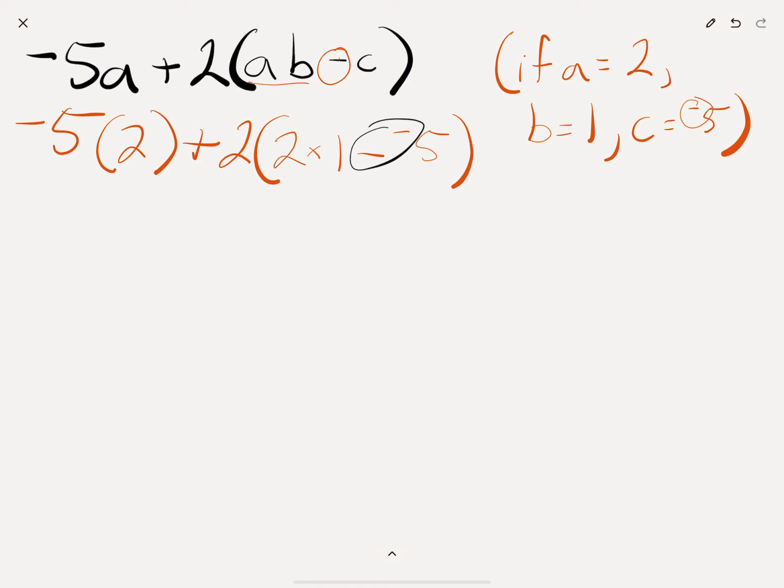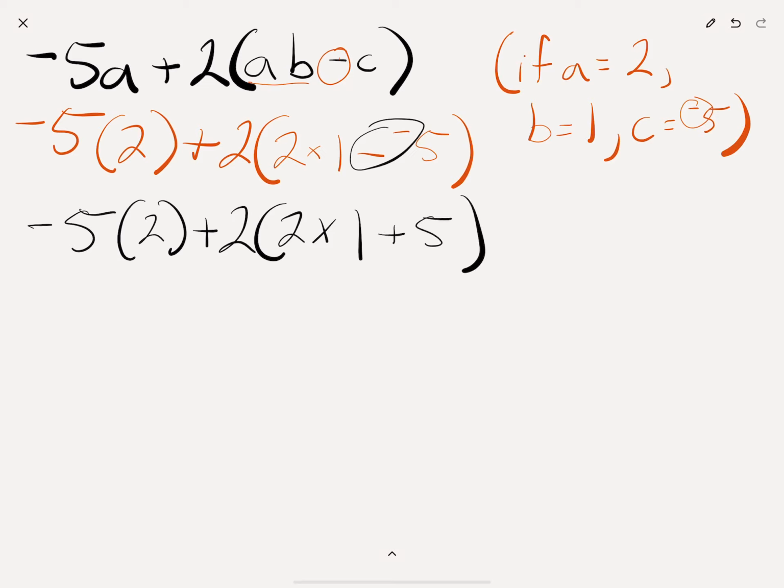So you are more than welcome to just erase those two minuses and write a plus, or you can come down here and rewrite the entire problem and just replace it. 2 times 1 plus 5, if that works for you. Okay, I like to rewrite it any chance I get just to make it a lot neater for me because my handwriting is terrible.